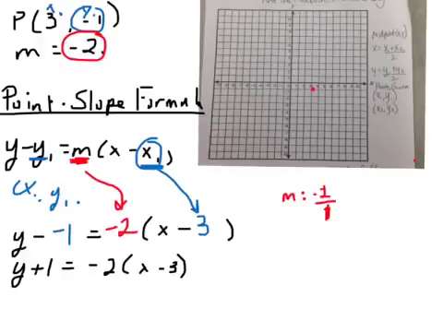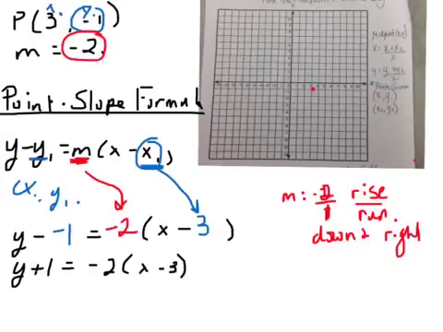So rise -2 means go down 2 and run to the right 1. I don't have to start at the y-intercept, I can start at that point and go down 2, right 1.